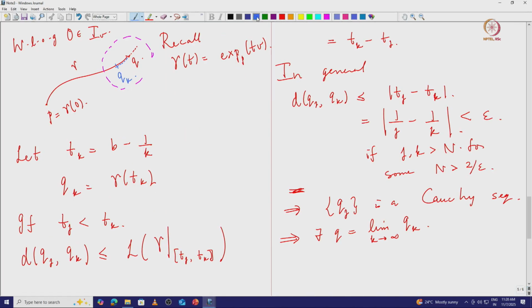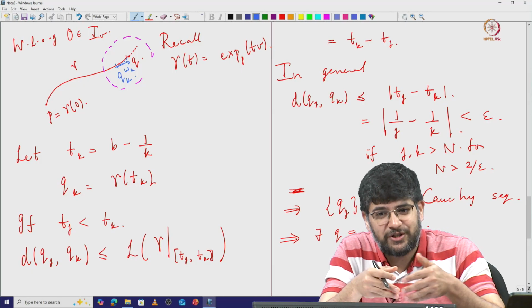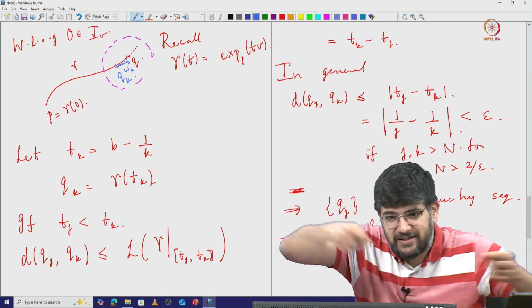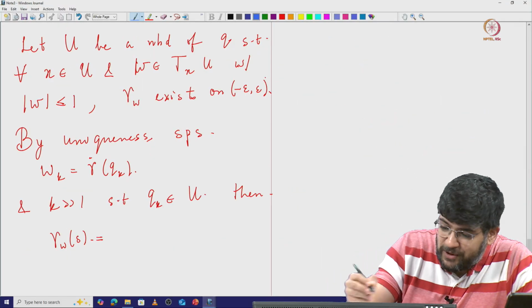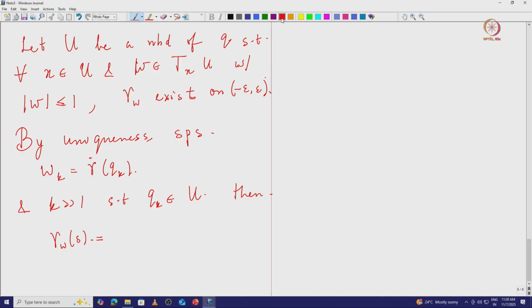You have this velocity vector wk, the geodesic is unique, right, by our basic existence and uniqueness theorem. So that means that this geodesic gamma w must coincide with the geodesic that you already have, at least in a neighborhood of that point. Okay, so formally if you write it down, this is equal to gamma of tk plus s for all s in the interval minus epsilon to epsilon, right.